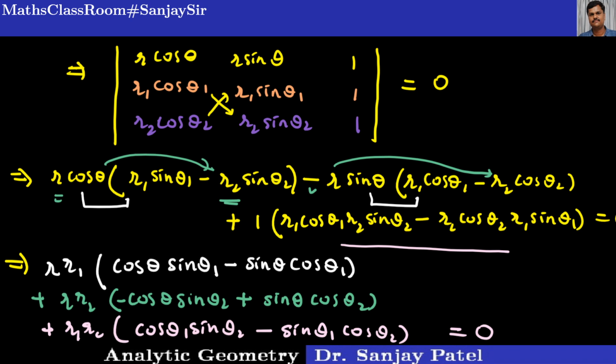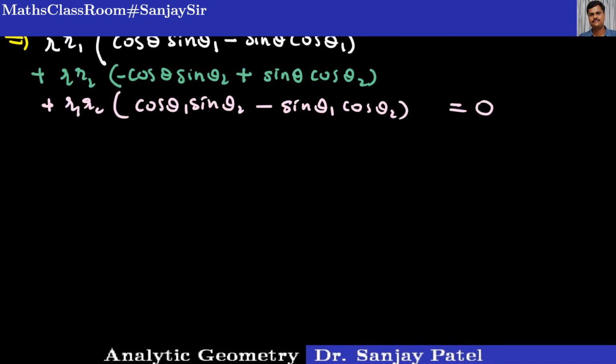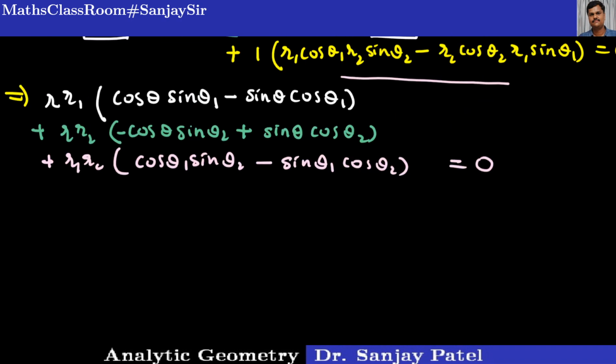So this I can write as sine theta 1 cos theta minus this. That gives me, now concentrate only on this thing. So the first group of terms gives me r1 into sine of what? It is theta 1 minus theta.